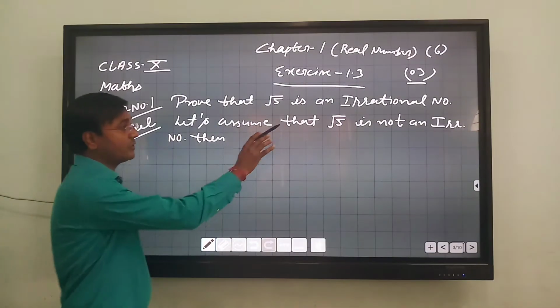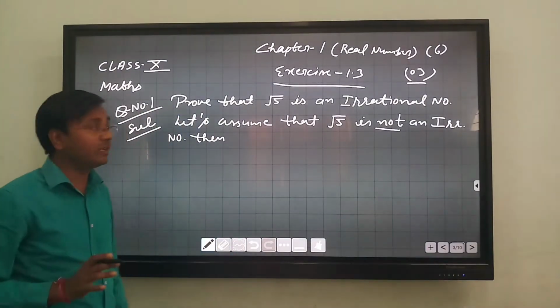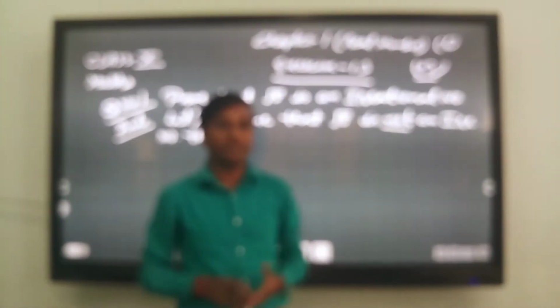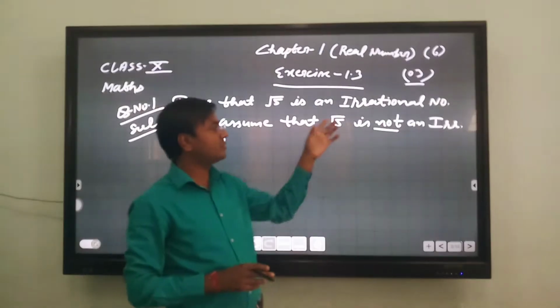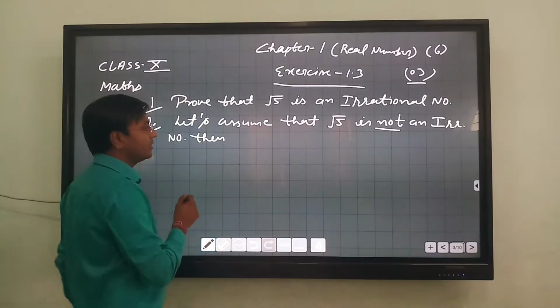If a number is not irrational, then it must be rational, because a real number is composed of two kinds of numbers, rational or irrational. So here we are assuming the number is not irrational, so ultimately this number would be a rational number.